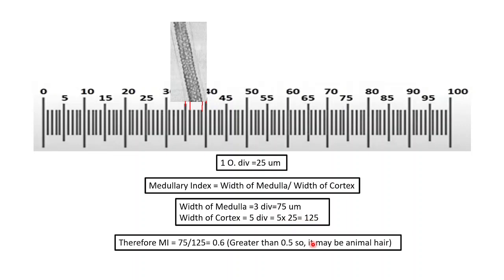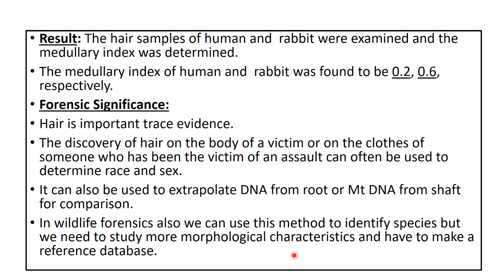So 75 upon 125 is 0.6. So it is greater than 0.5, so we can say that it is animal hair, and definitely we know here it is animal hair. But when we don't know, then based upon this calculation we can say whether it is human hair or animal hair.